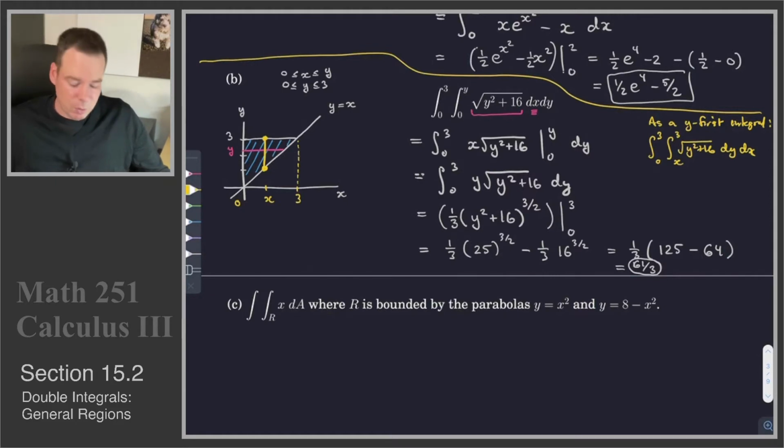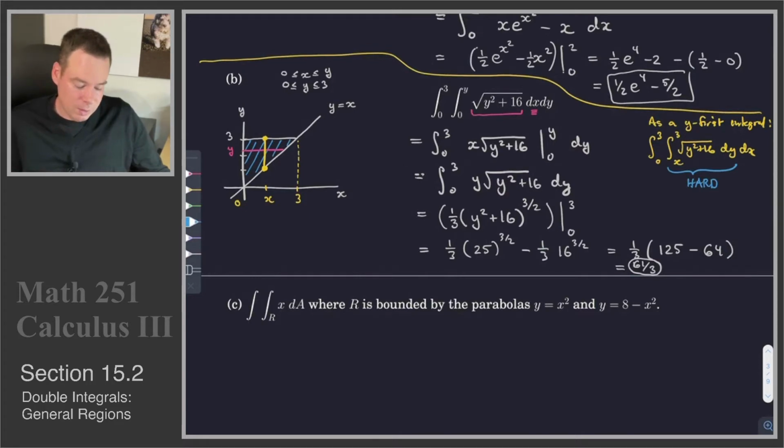The very first thing we need to do is anti-differentiate the square root of y squared plus 16. So if I just look at that first integral, what's the antiderivative of the square root of y squared plus 16? That's hard. That's a hard problem. So in this case, that first integral turns out to be quite a hard problem to solve.